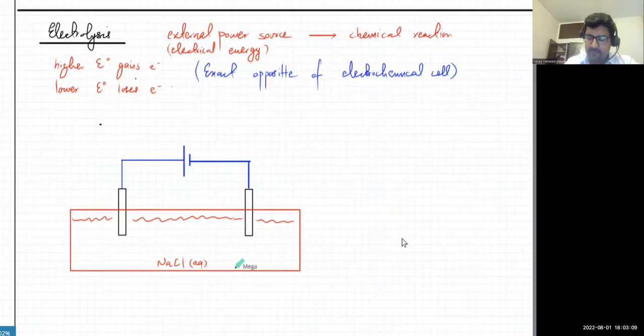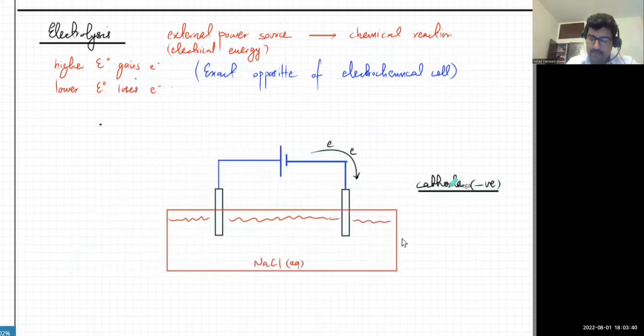Now we've got a negative cathode. Remember, it's not because of your reaction that the electrons move, the electrons are already in motion. The electrons are already traveling, and that's your negative cathode. And the other side is your anode, which is positive.